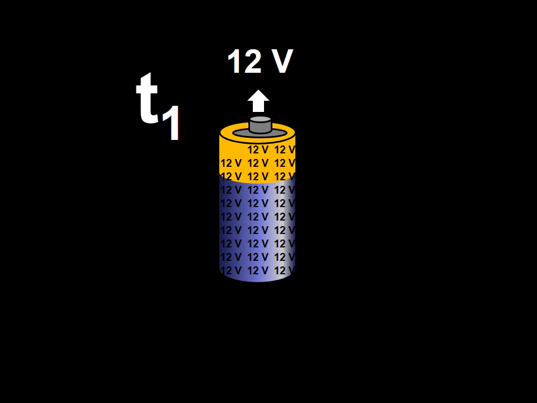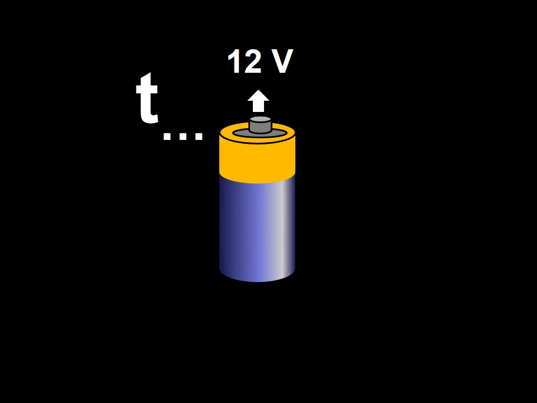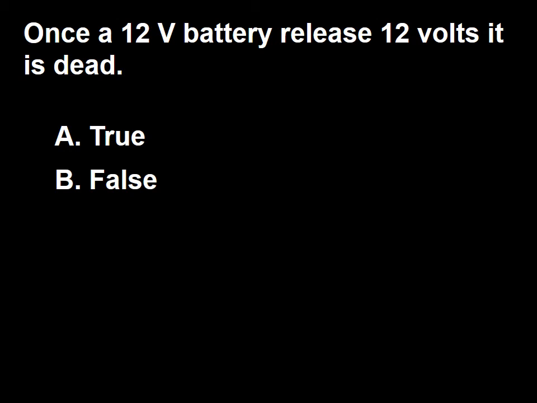This is expressed in this frame by the T1, followed by another package expressed by T2, representing time, and another the following time, that is T3. And so until the battery is finished. So the answer to this question is B, false.